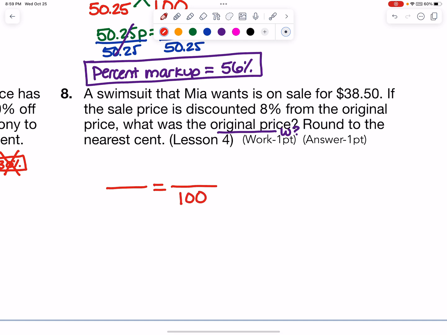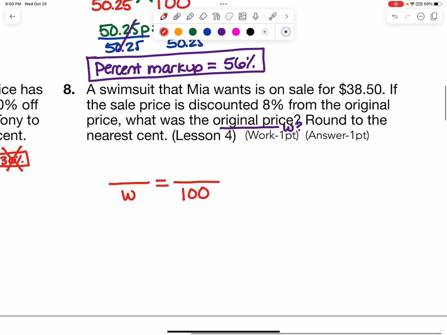This is always out of 100. We know that. For this one, I do know that I don't know the original price, so I'm going to put a W. Okay. I know the actual final price was $38.50. Okay. So if the final price was $38.50, I need to make sure that my percentage matches that.